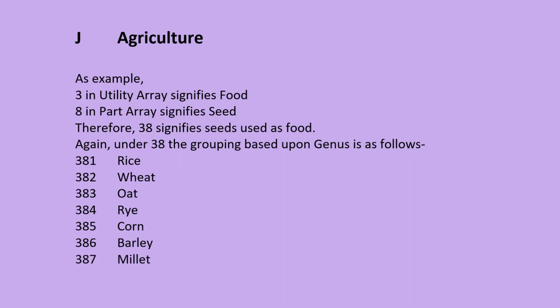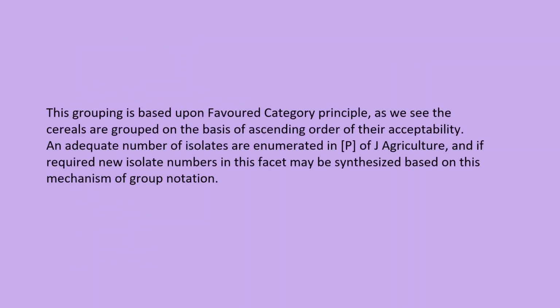An adequate number of isolates are enumerated in P of agriculture, and if required, new isolate numbers in this facet may be synthesized based on this mechanism of group notation and thereafter the favored category device.